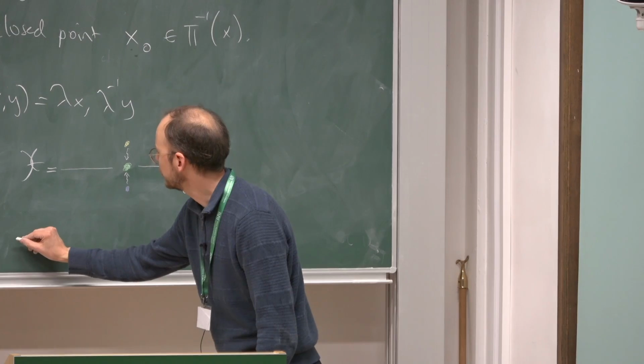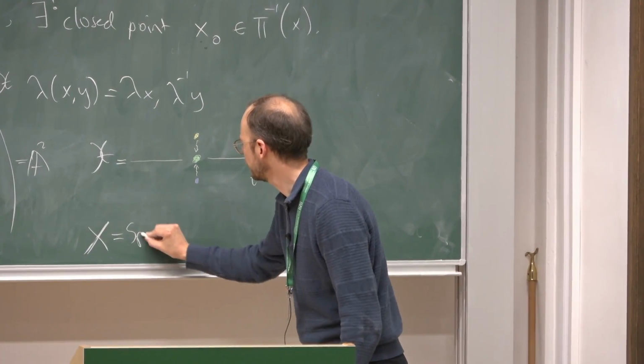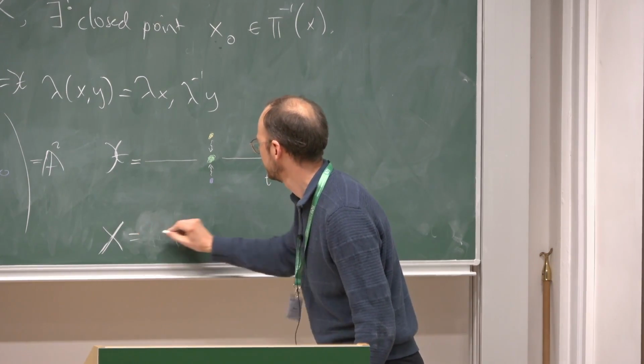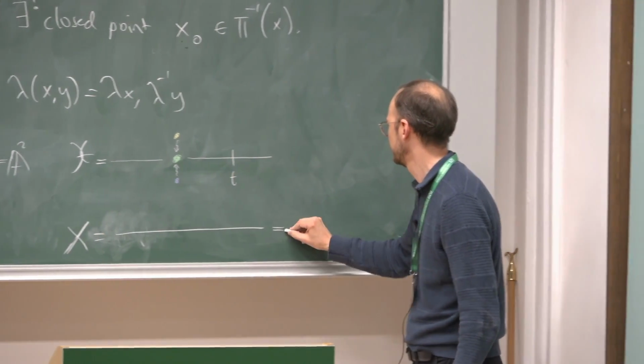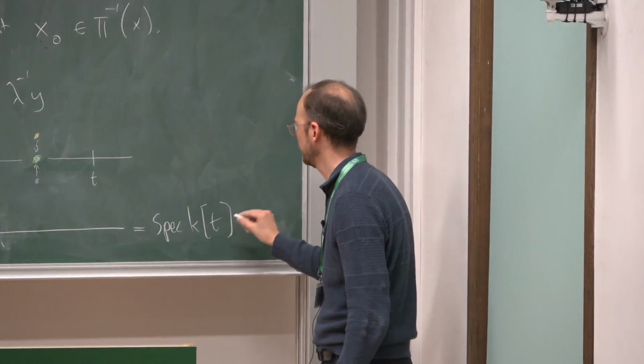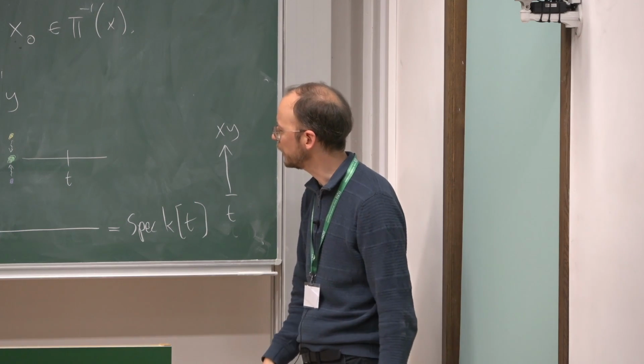If I take the GIT quotient, which is the invariant ring, it's going to be the affine line, Spec k[t], where the map sends t to the invariant xy.